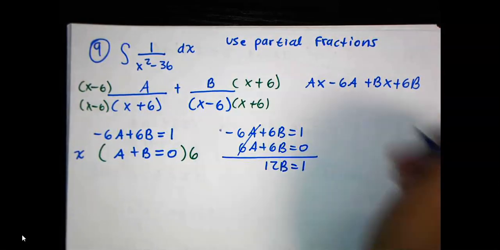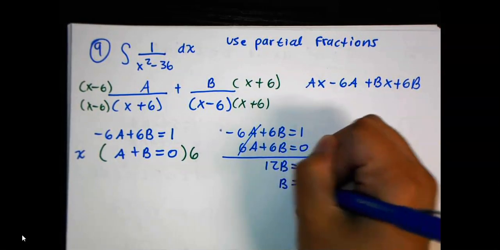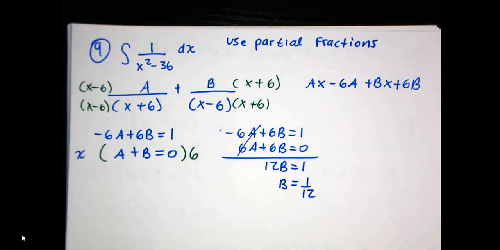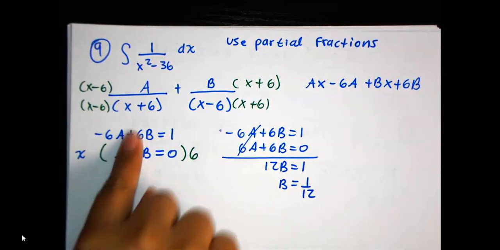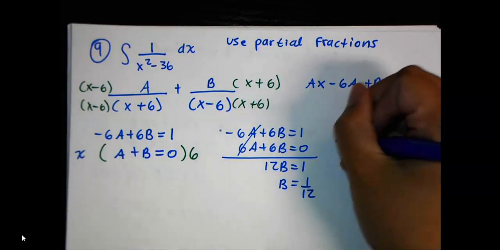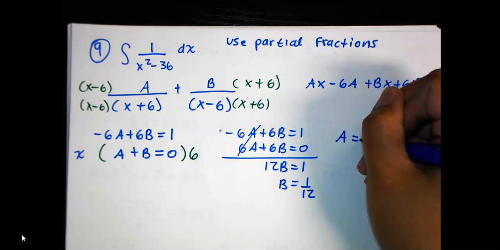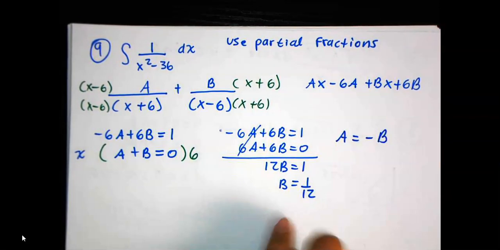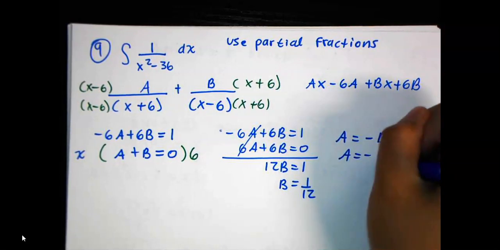And so what I need to do, I need to divide by 12. And so to solve for a, I need to plug it in. It could be either of these two equations. I'm going to plug it into this one. So then a equals, if I move b to the other side, negative b. So a equals negative 1 over 12.